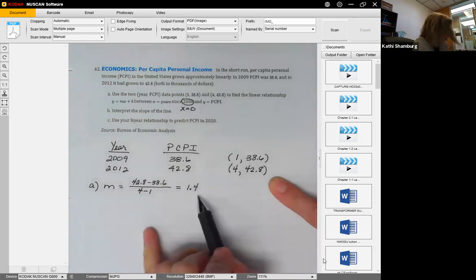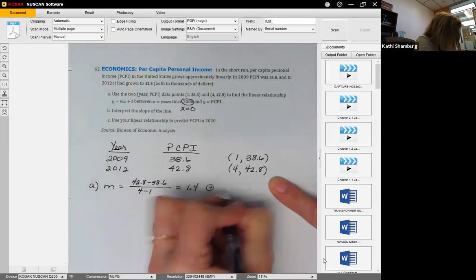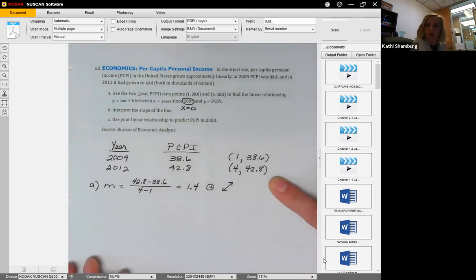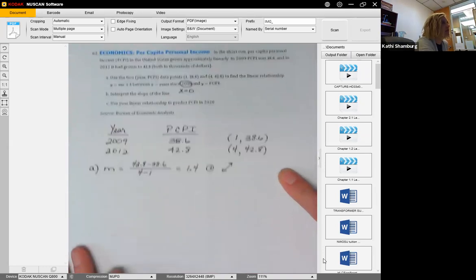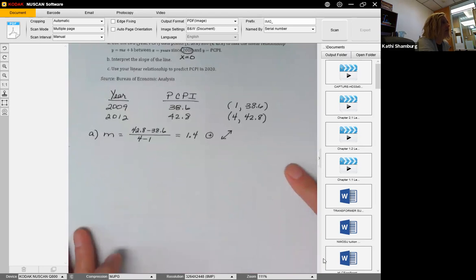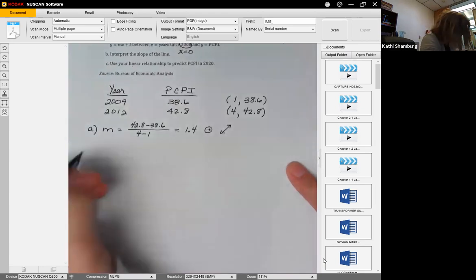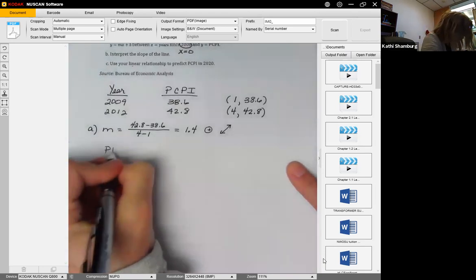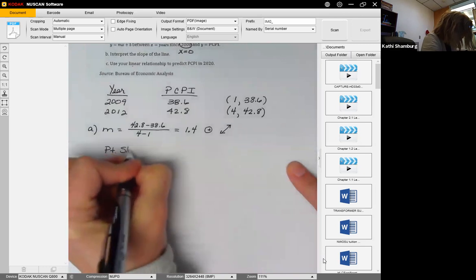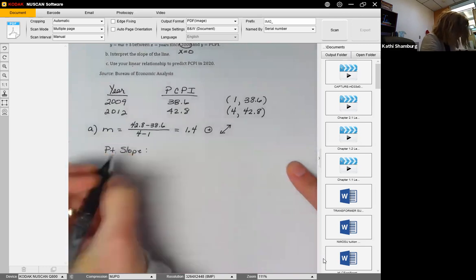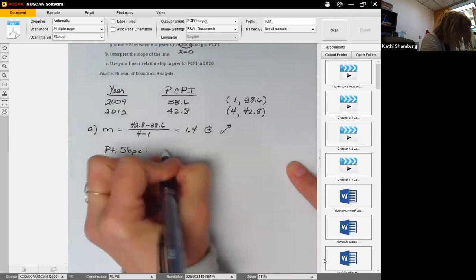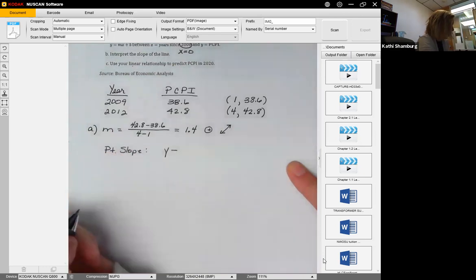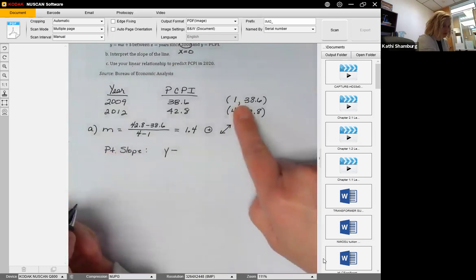Now, this is a positive number, so that tells me that my line is going upward, okay? All right, so now since I don't have the y-intercept, I'm going to use the point-slope formula. That is y minus y1, and I'm just going to use this first point.